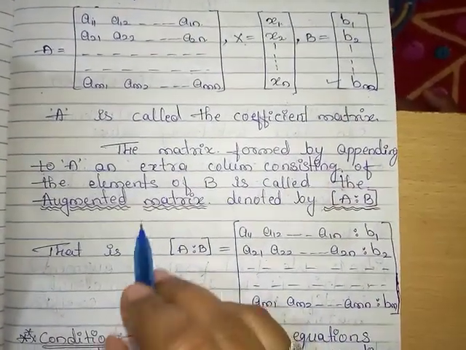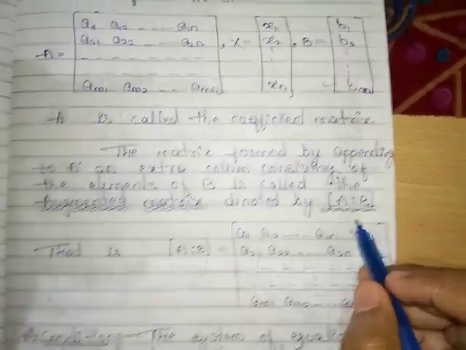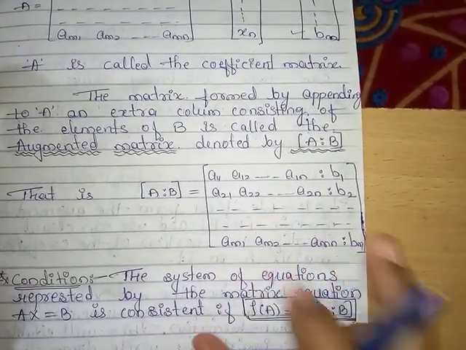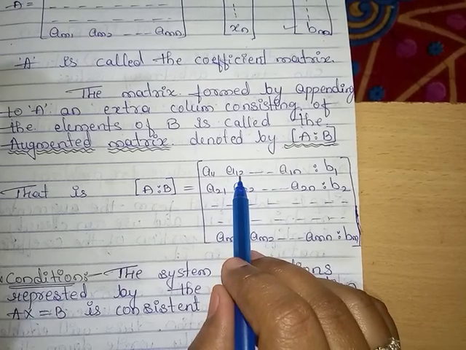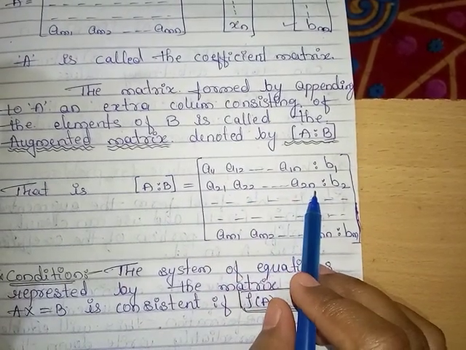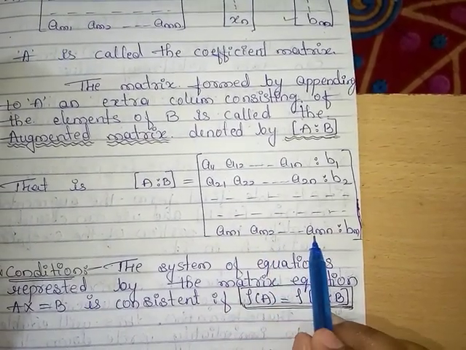That matrix is called the augmented matrix, which is denoted like this. Then the augmented matrix is written like this: A11, A12, so on to A1n, A21, A22, so on to A2n, and so on to Am1, Am2, so on to Amn.